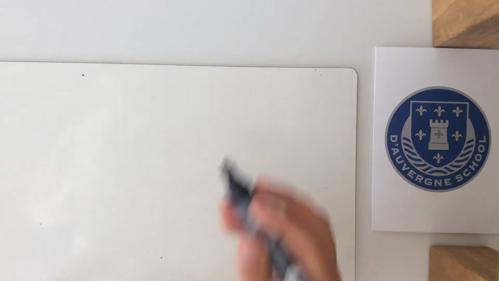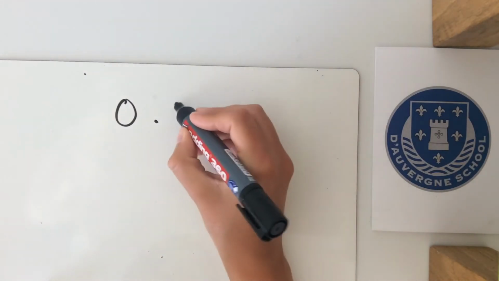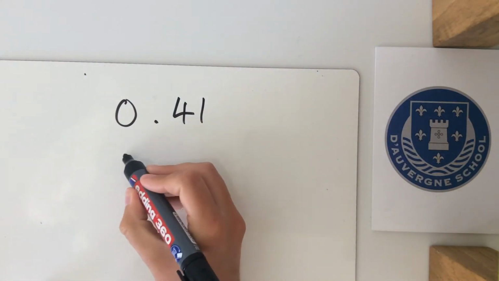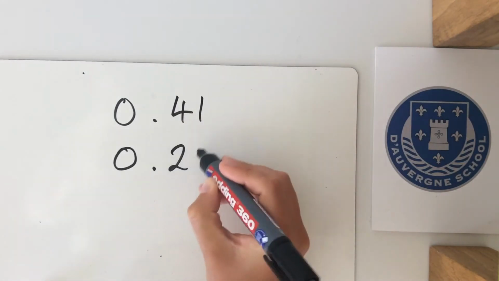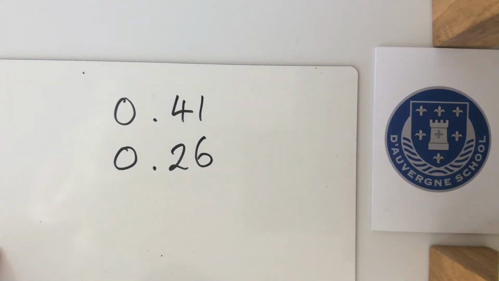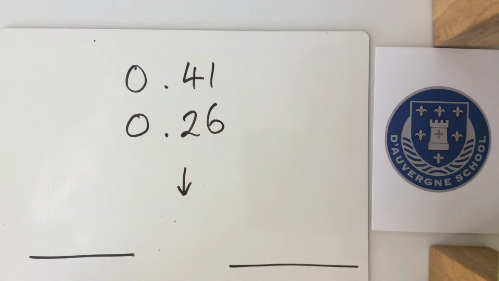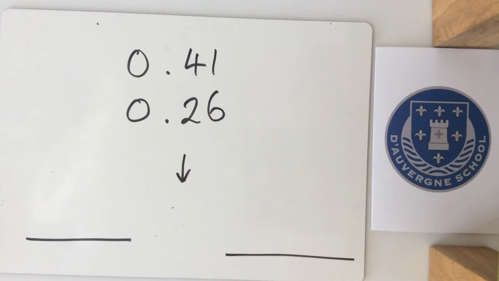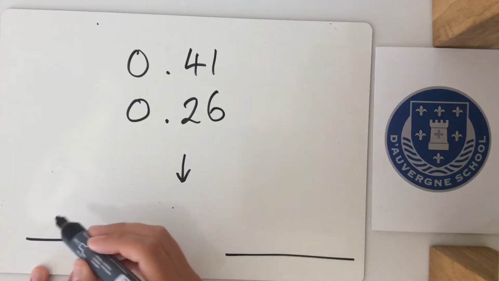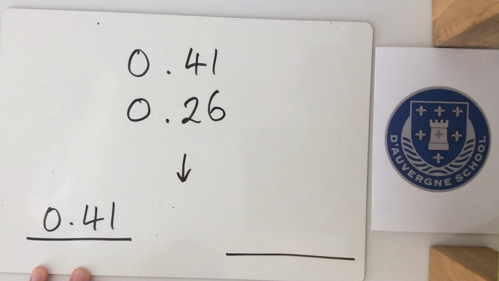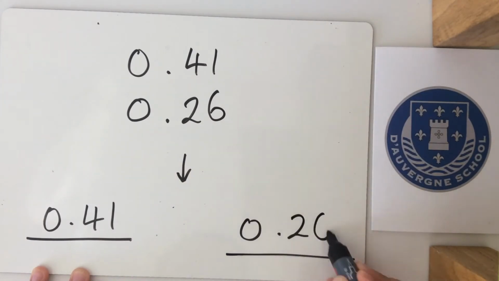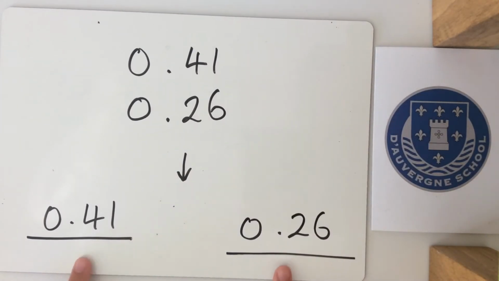Let's say I've got 0.41 and 0.26. I would like you to pop a crocodile mouth in the middle and put the correct number on either side. Remember, the crocodile eats the bigger number. We could have put 0.41 here and 0.26 here.